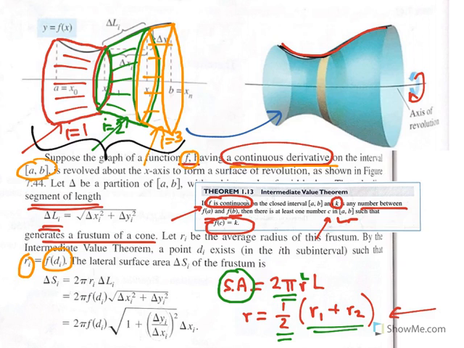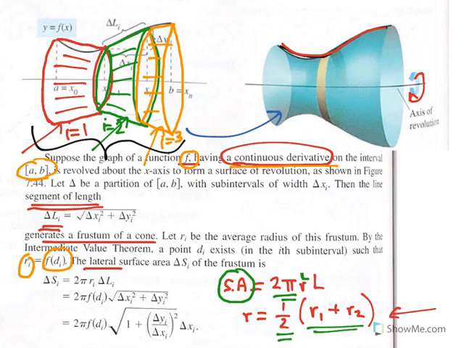So we're basically saying that the average radius of the smaller and the larger radii is between the smaller and the larger radii, and because we know the function f is continuous on the ith subinterval, by the intermediate value theorem, if you evaluate the function at a particular value from that interval, the output value from the function will be equal to the average radius. That's basically what we're saying.